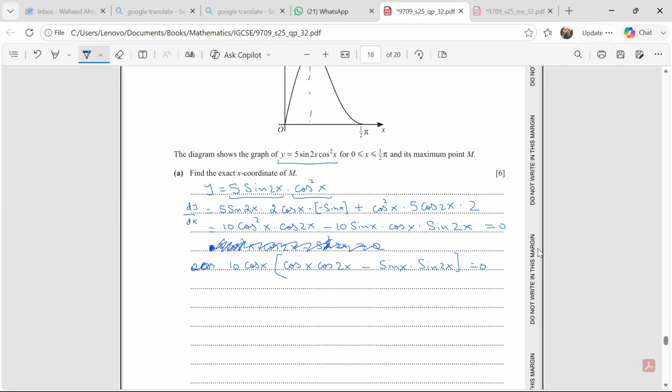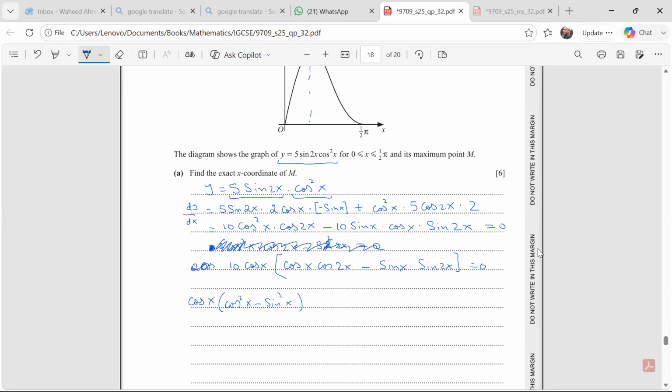I can equate cos x to 0 first of all. We will consider it later. So now I have cos x and cos 2x. I can split it as cos square x minus sine square x.